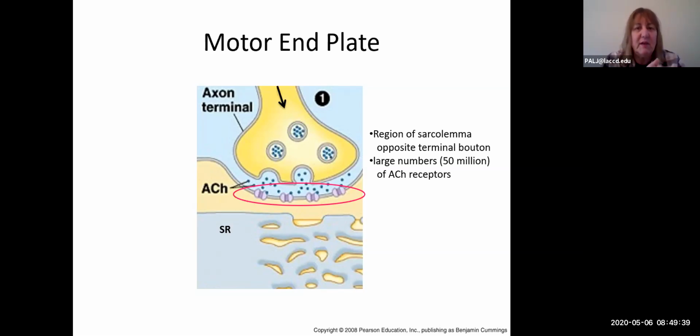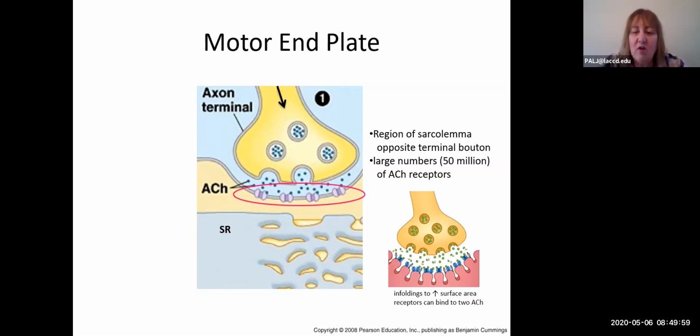This makes sense because we would not want to have, for instance, all of our acetylcholine receptors up in Sacramento if our terminal bouton was down in San Diego. That wouldn't be very useful. So the motor end plate is going to be opposite the terminal bouton.